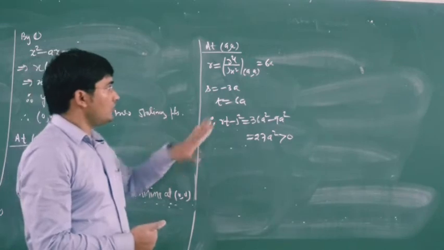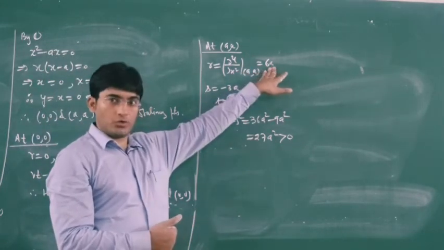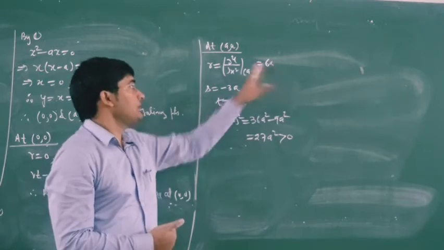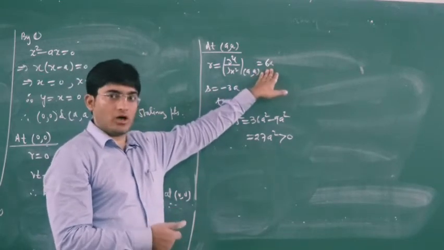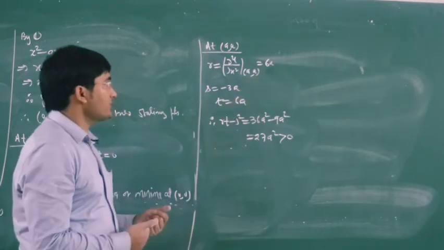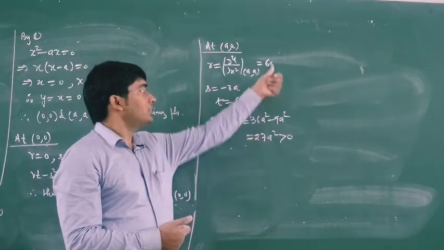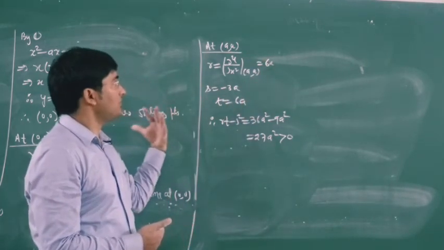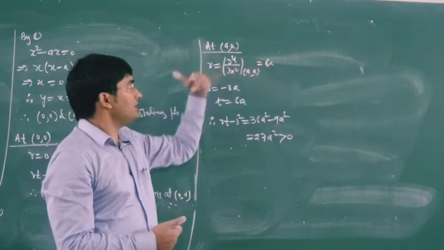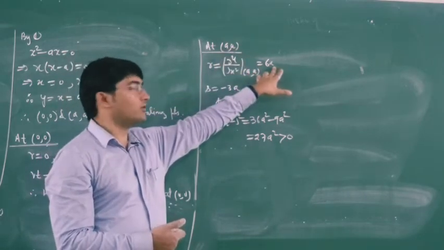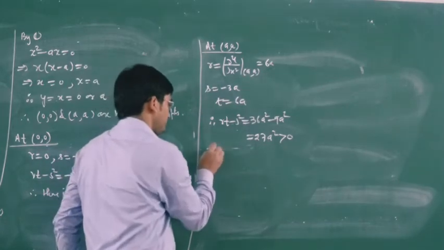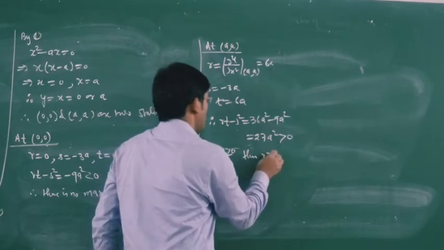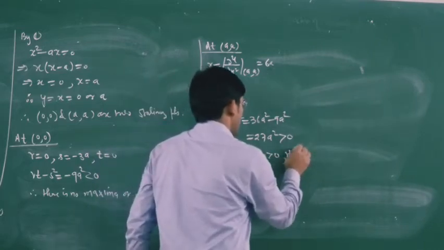Now, if a is less than 0, then this r will be negative. And if a is positive, then this r will be positive. That means the maxima or minima at (a, a) will depend on the sign of a. So if a is greater than 0, then r will be greater than 0, rt minus s square will be greater than 0.